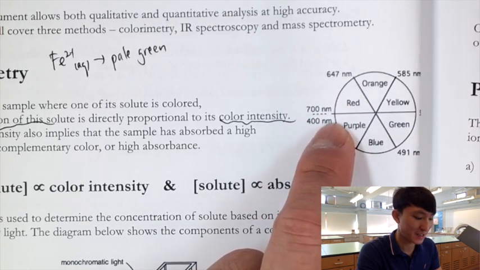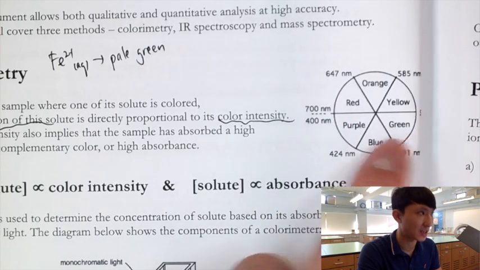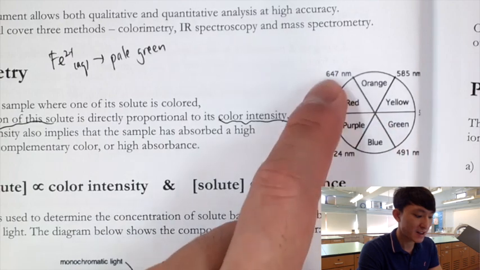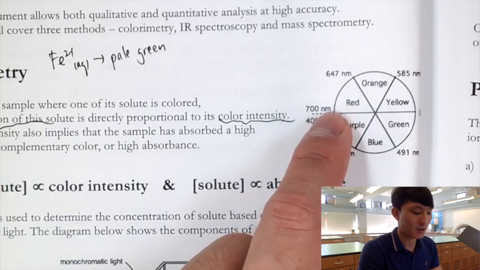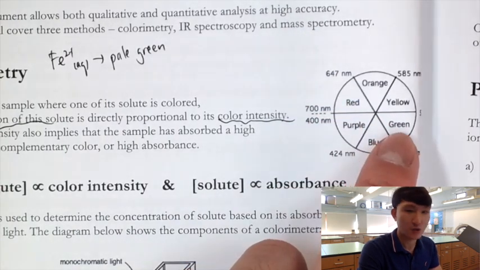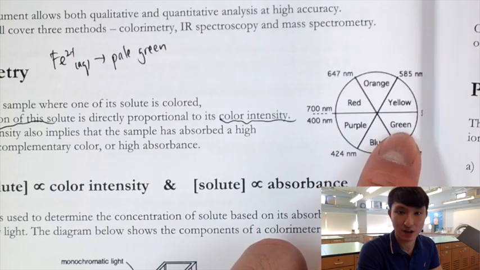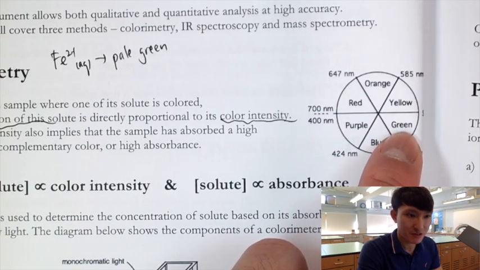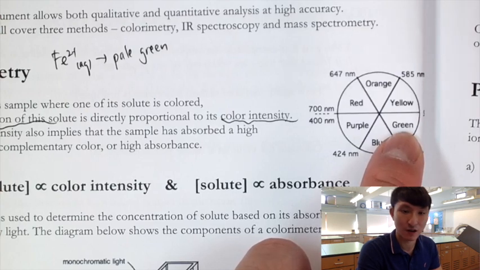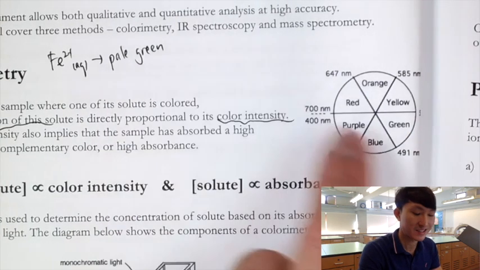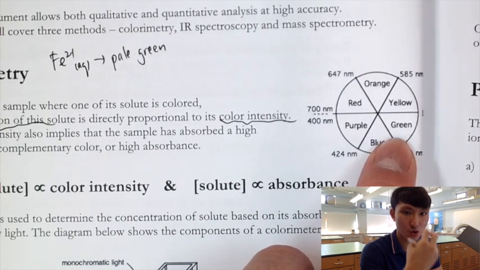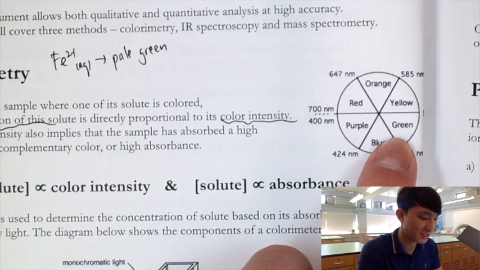So if something is green in color, just like this sample, it will absorb predominantly red and purple. And obviously, it should not absorb much of its own color, right? That makes sense, because this is the reason why we see the green color from a green substance: it does not absorb green. Instead, it reflects the green towards our eyes, and that's why we can see it.